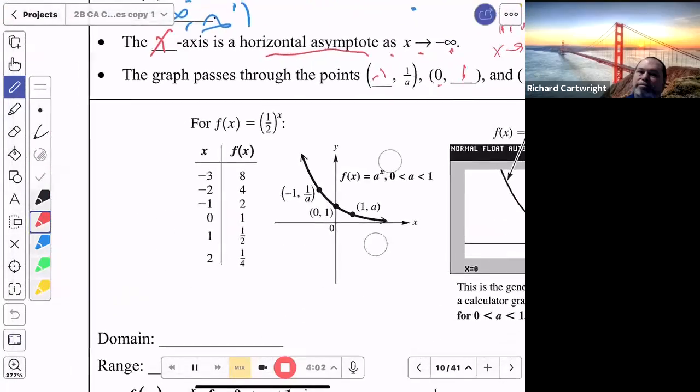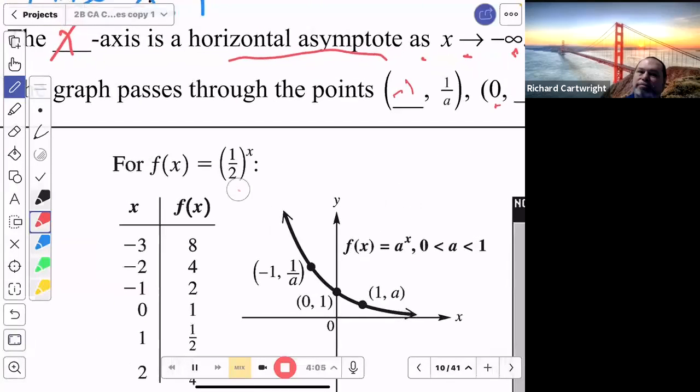What if we switch the a to be between 0 and 1? You could make your table, not a problem. If I do 1 over 1/2 to the -3 power, what that means is both those numbers get the -3. So 1 to the -3 and 2 to the -3.